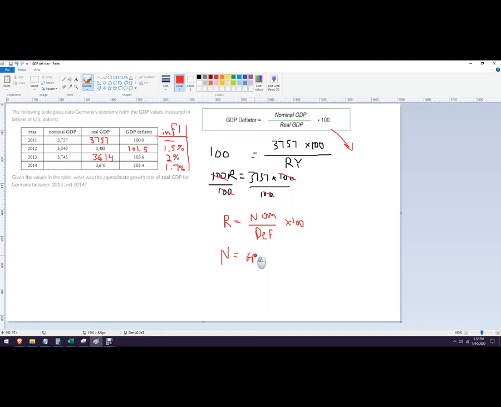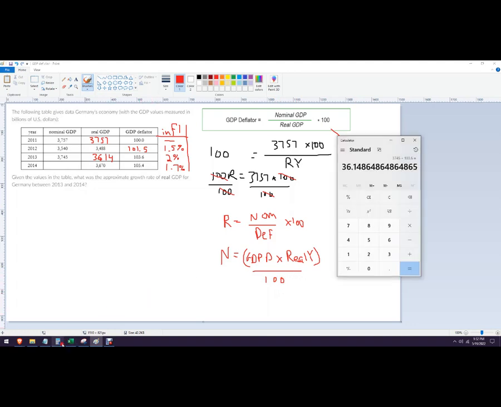So GDP deflator times real GDP, and then all of this times 100. Oh, is it times 100? No, it's divided by 100, sorry. After rearranging everything, I want to divide by 100.